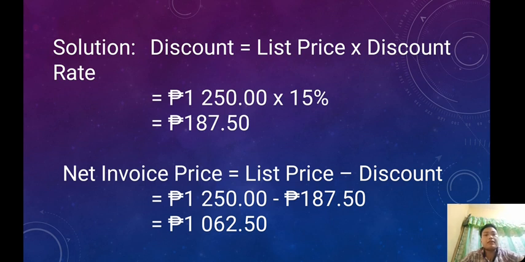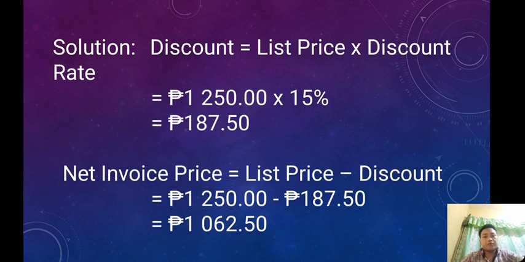Instead of 15%, it will become 0.15. So we have 1,250 times 0.15. It will be 187.50. So that will be the discount.